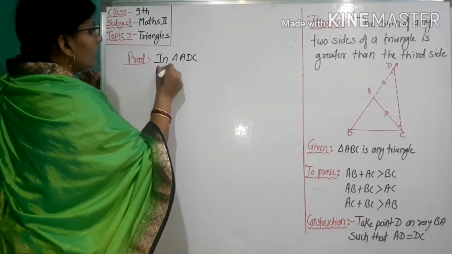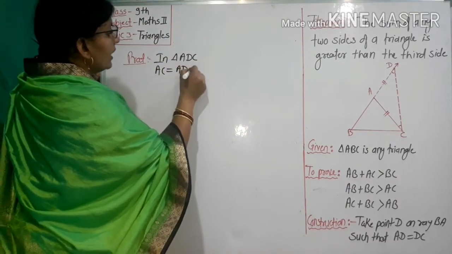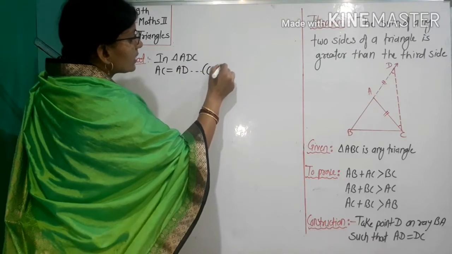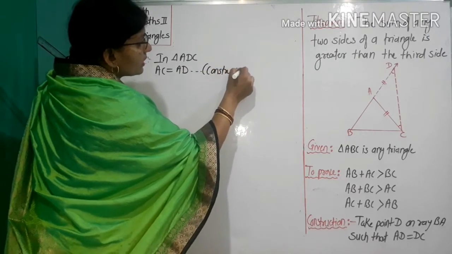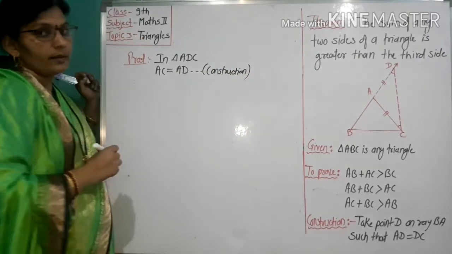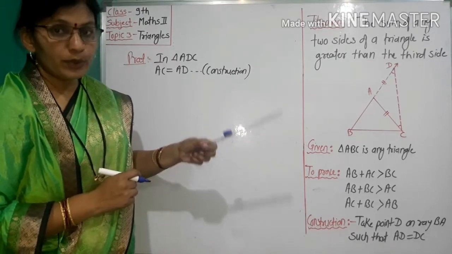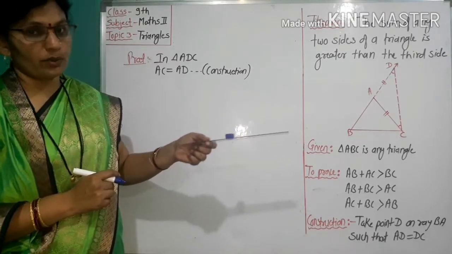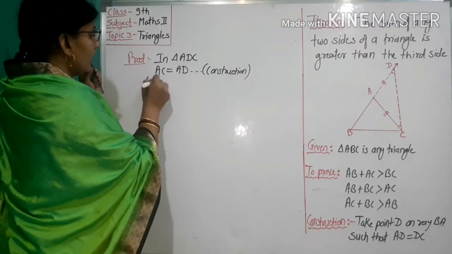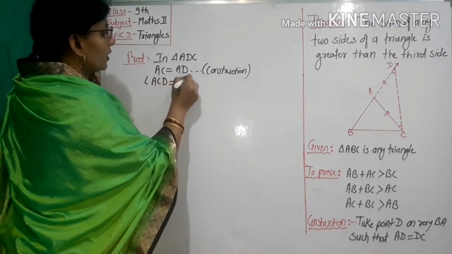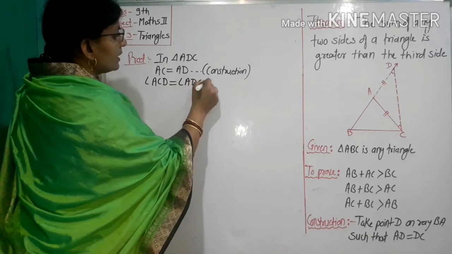So AC equals AD, and the reason is the construction. And by the isosceles triangle theorem, the angles opposite to congruent sides are also congruent. So therefore angle ACD equals angle ADC.